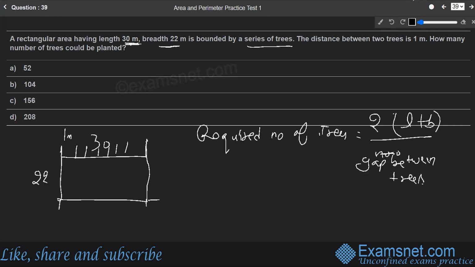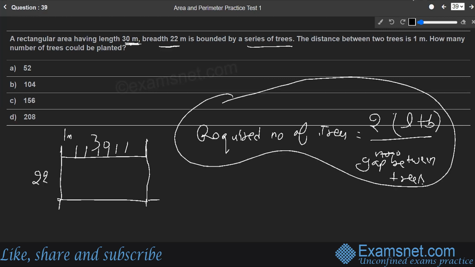Whenever a rectangular area has to be bounded by trees with the same gap maintained between them, we can find out how many trees are to be planted to create this rectangular park. The formula is: required number of trees equals twice of (L plus B) divided by the gap between the trees.